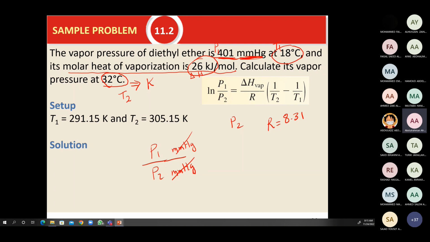If it is millimeter Hg, your answer must be millimeter Hg. If it is atmosphere, then your answer should be atmosphere. But you don't have to change it. Clear? Okay, go ahead and tell me about P2. Use your calculator.